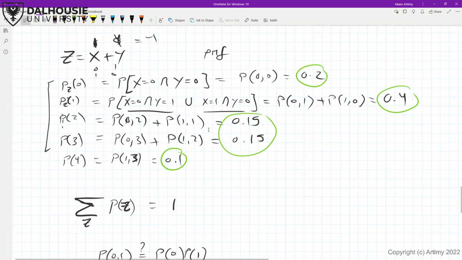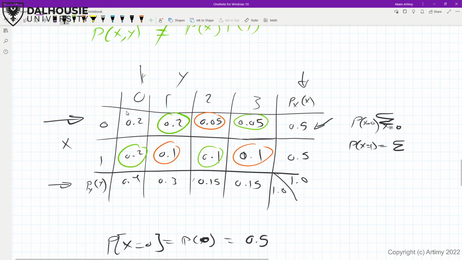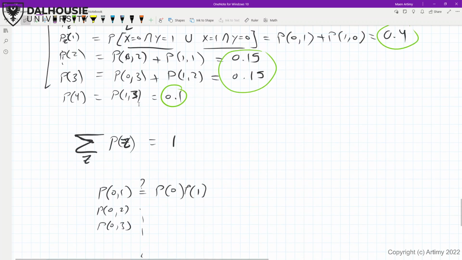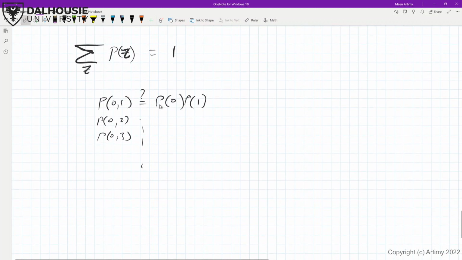So let's try this value here. Let's check if P(0,0) is in fact equal to P0 multiplied by P1.